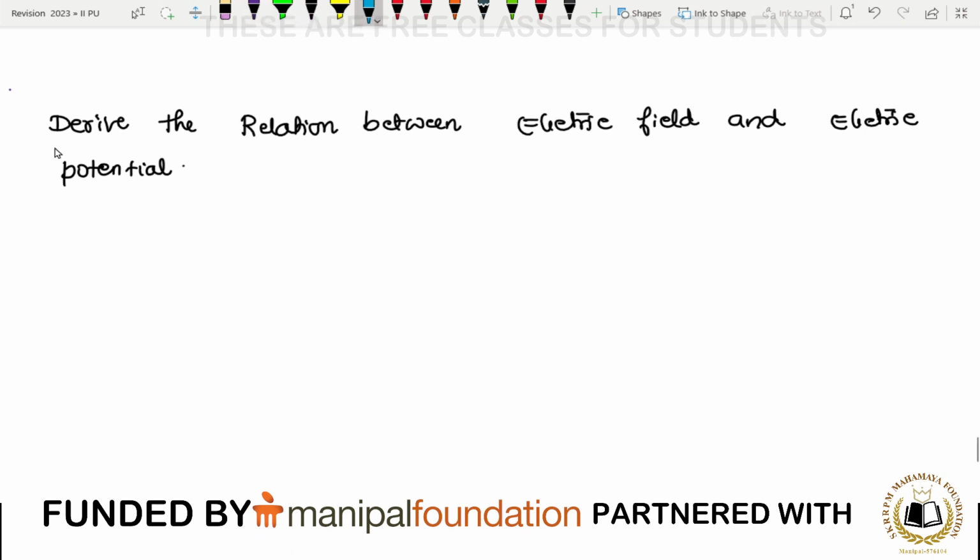Important question, this one. Many times this question got repeated. Derive the relation between electric field and electric potential. This is an important 3 mark question, and it is very simple to derive.